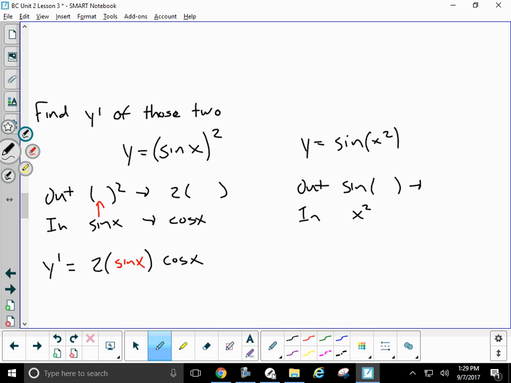But for this guy, the derivative of the outside is cosine. The derivative of sine is cosine. The derivative of x squared is 2x. So this guy would be cos of times 2x. Fill in the inside, x squared.